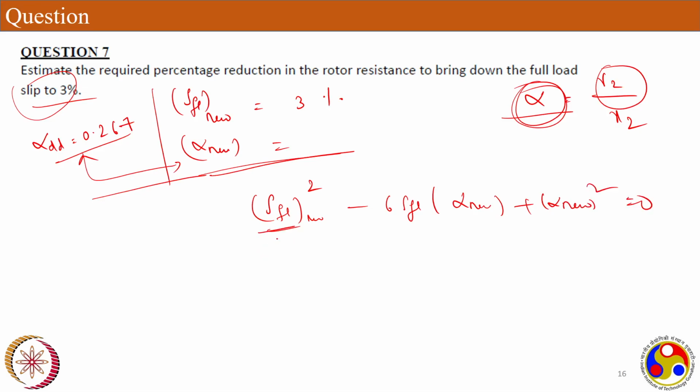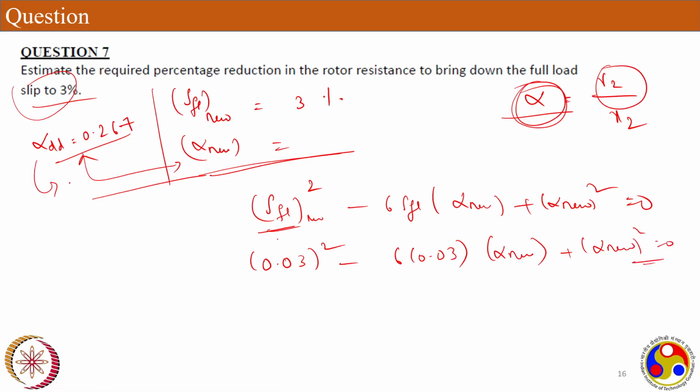Now substitute S_FL as 0.03 and calculate alpha new: 0.03 squared minus 6 into 0.03 alpha new plus alpha new squared. You can get R2 old and R2 new also, and the alpha new to alpha old ratio as well. Now if you calculate alpha new, you would get 0.1749. Now you know alpha new and alpha old.